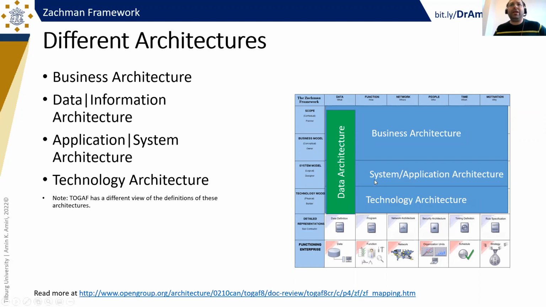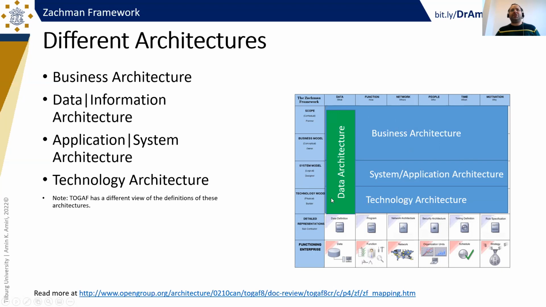You also need to know that we use some wordings like data architecture. When we say data architecture on Zachman framework, it means the first four rows and the first column. It's also sometimes called information architecture. When we say business architecture, we mean the first two rows. Or application architecture, we mean the third row.